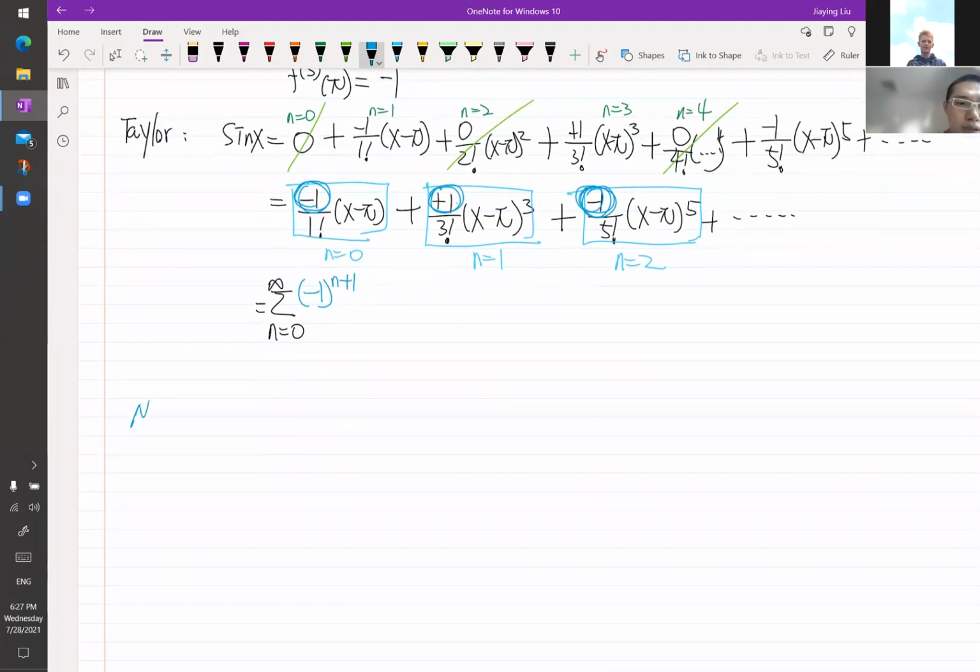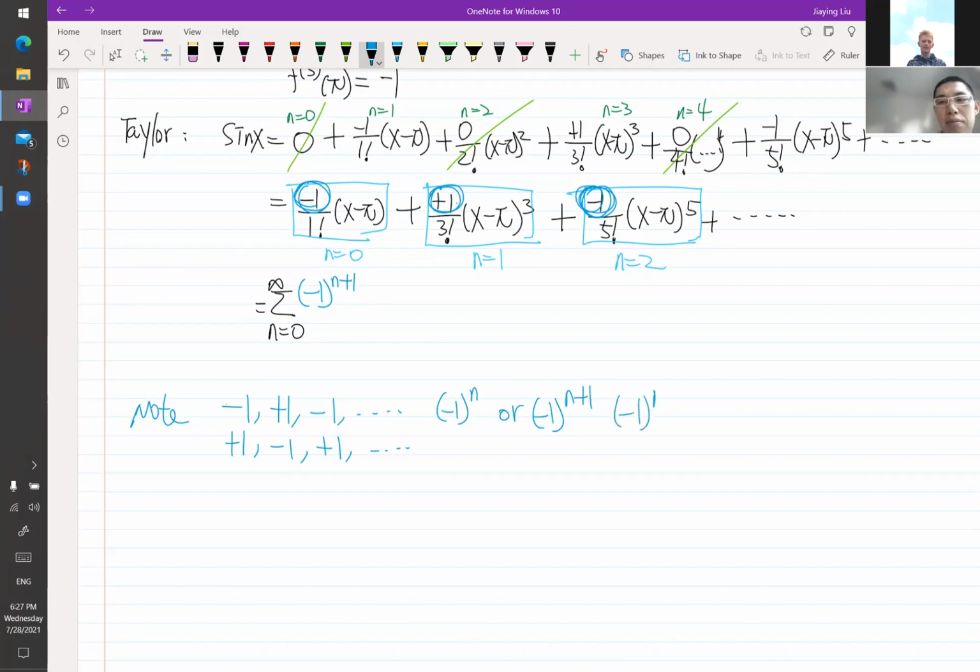So note, if we have +1, -1, +1, -1 alternating, or -1, +1, -1, +1 alternating, we're going to have -1 raised to either n or -1 to the n+1, which is the equivalent form of -1 to the n-1.